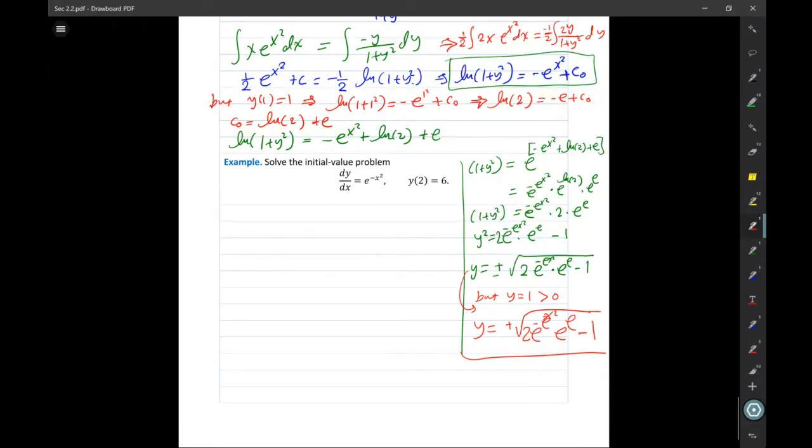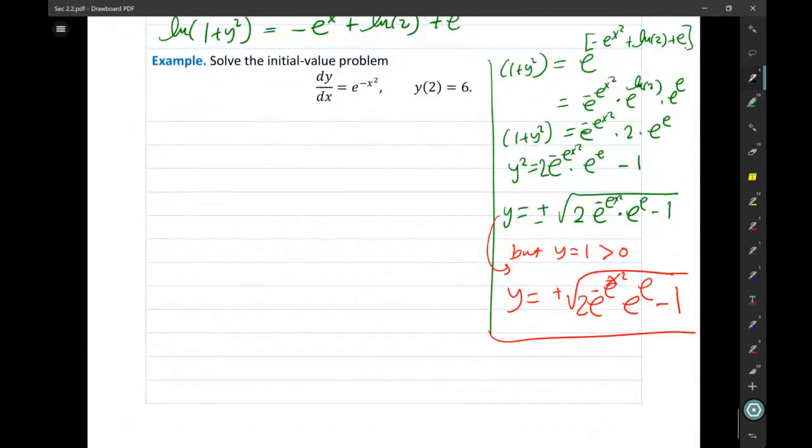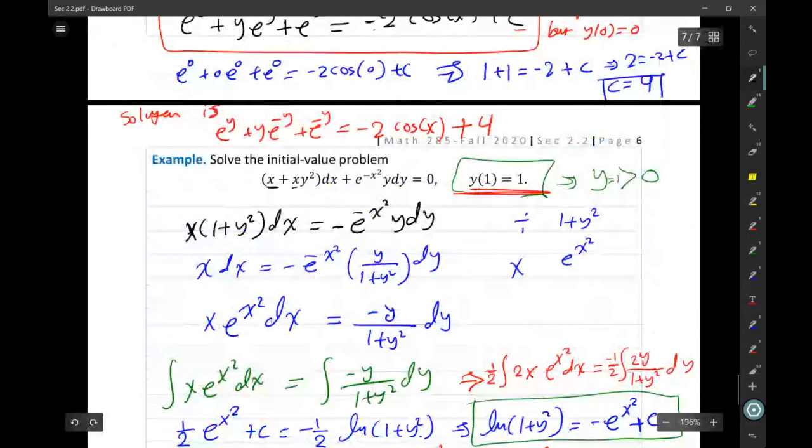Okay. Go to the next example. Professor, how did we know that y equals 1?